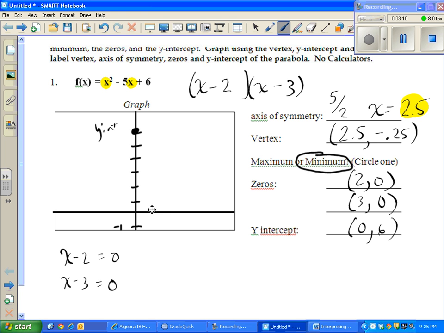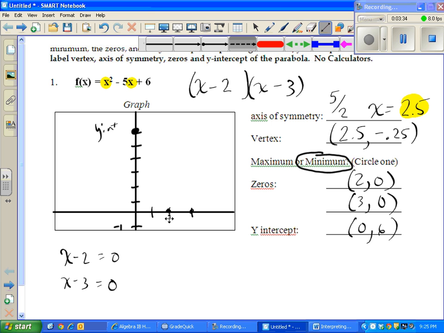Okay. Next up, the zeros. Zeros are another word for x-intercept. So this is 1, this is 2, and this is 3. So here we are with our 2 zeros. It's a minimum. So what is a minimum? The vertex. So now we plot our vertex on the axis of symmetry. The axis of symmetry, I do want you to plot with maybe a dashed line.